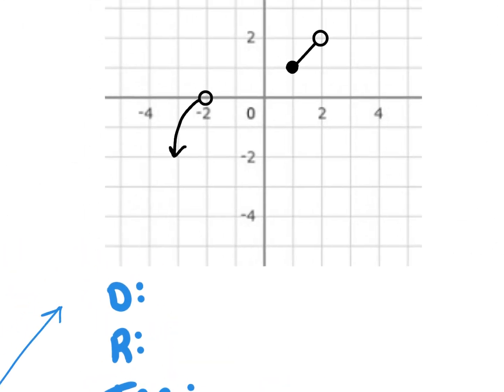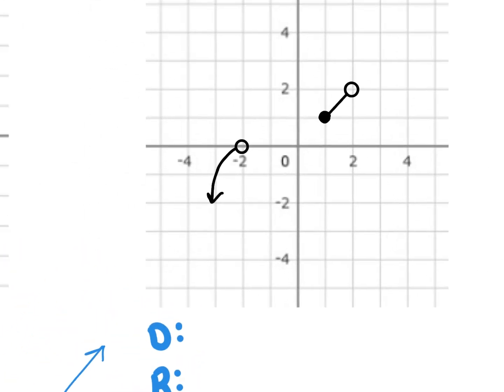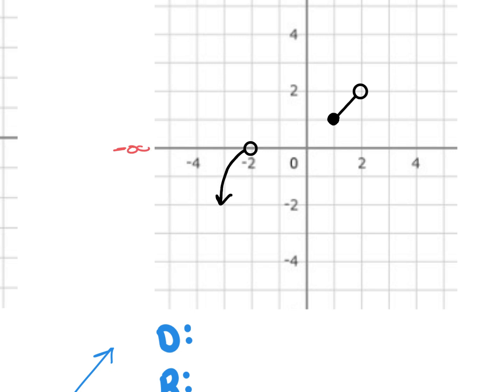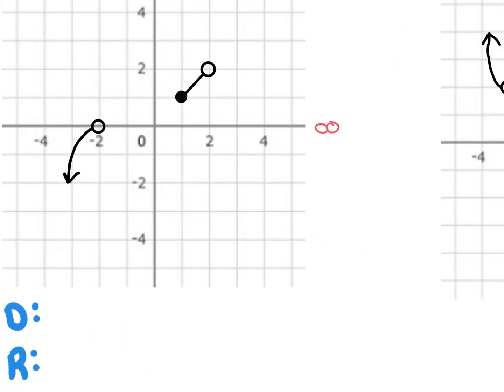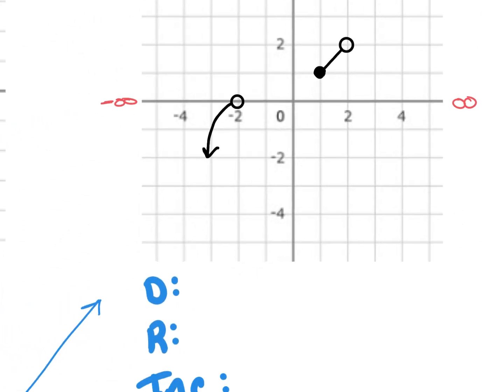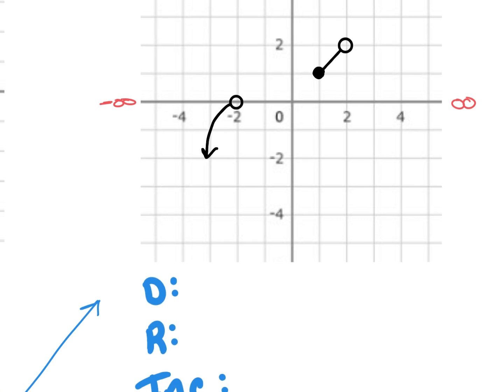So let's think about this for a second. Domain is on our x-axis. This is negative infinity, and this is positive infinity, right? Since there's an arrow at the end of this, what does this mean it's going to continue to do? As this goes down towards negative infinity, it's also going towards what on the x-axis?